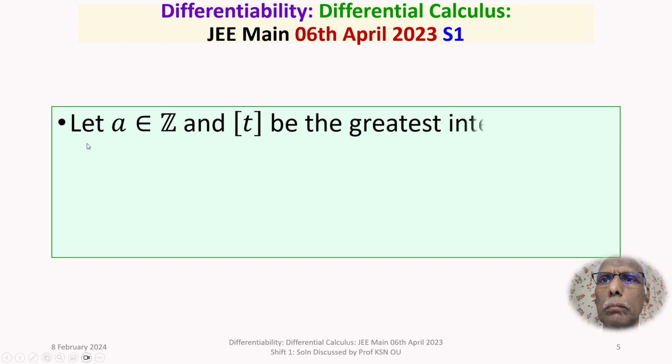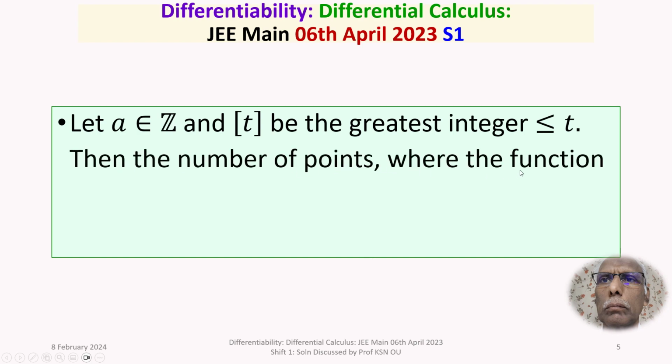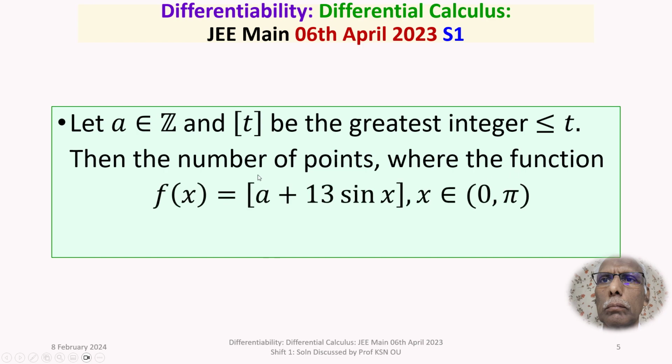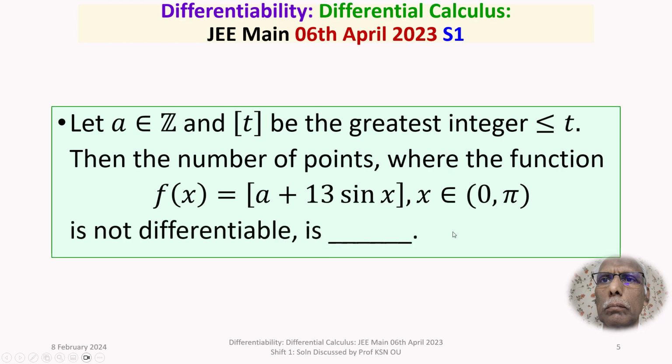The given question is: let a be an integer and [t] be the greatest integer less than or equal to t. Then the number of points where the function f(x) = [a + 13 sin x], where x belongs to the open interval (0, pi), is not differentiable is.